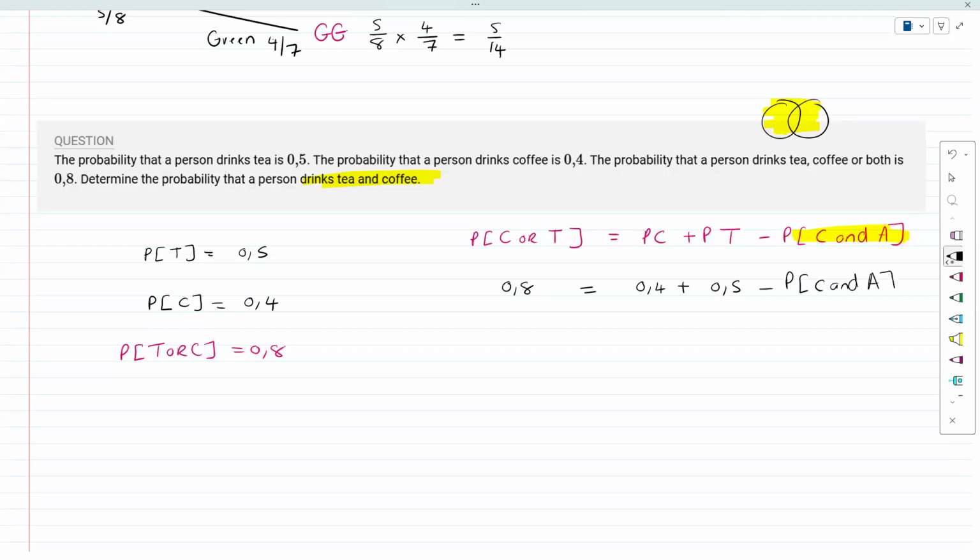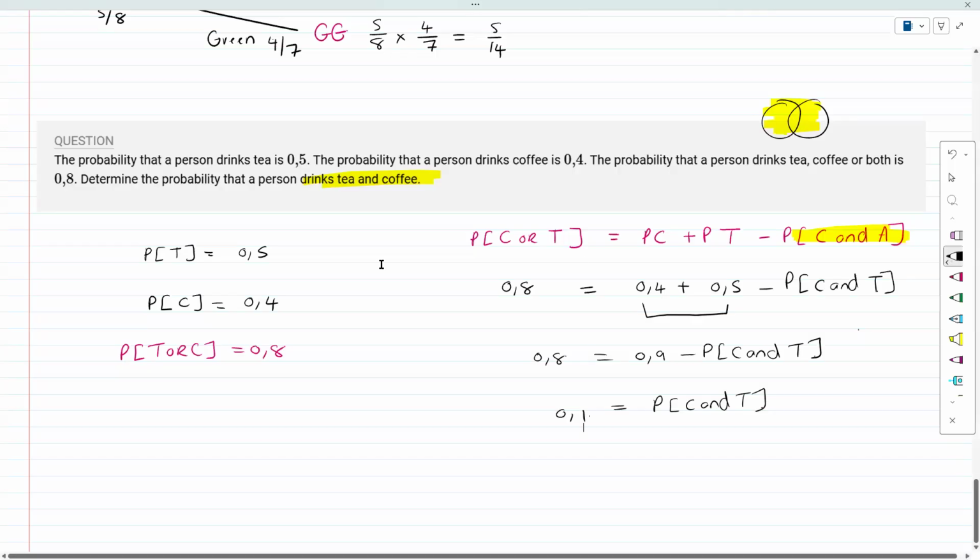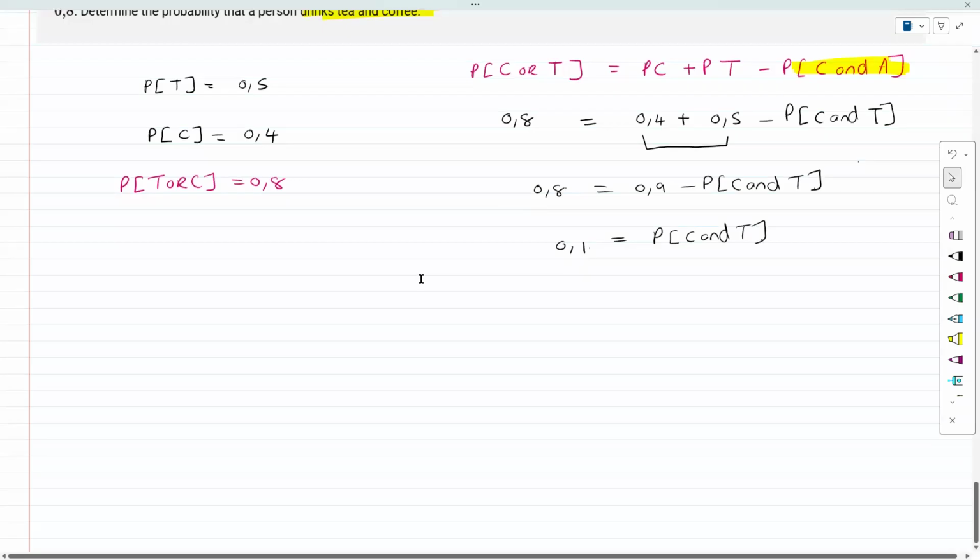Now, this is just basic algebra. I would simplify this. This would be 0.9 minus P of C and T, and 0.8. And if we solve this, the probability of coffee and tea equals 0.1. And we should end there. But what does it mean?